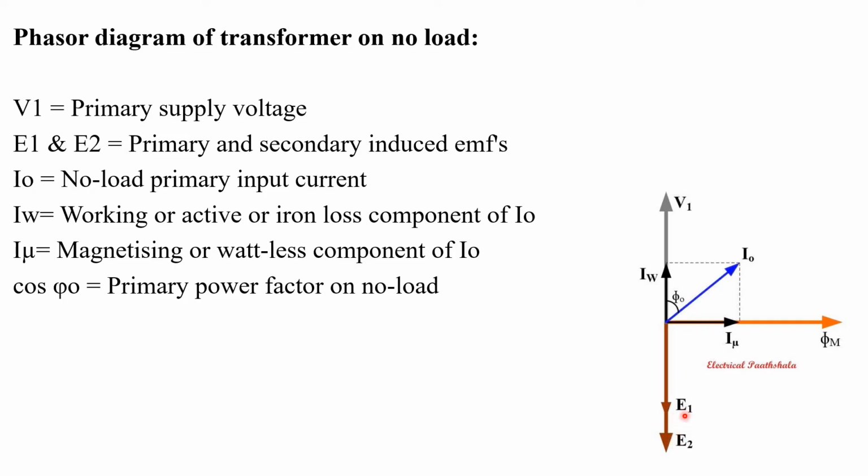E1 and E2 are the induced EMFs in the primary and secondary sides, and E1 is equal in magnitude to V1, but both of them are 180 degrees out of phase with each other. So V1 will be 180 degrees out of phase with E1, and we can draw E1 and E2 like this. Then we draw the resultant of IW and I mu, which gives I0. The angle between the working component and I0 is phi 0.